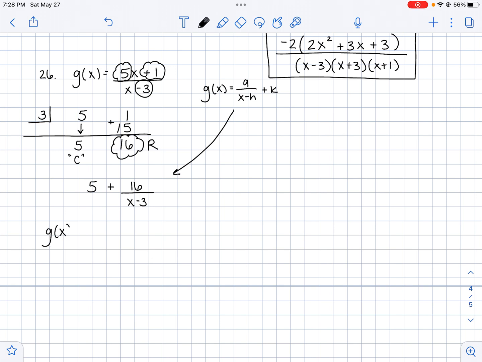I'm going to use this equation to put it in the correct form. So g of x is equal to 16 over x minus 3 plus 5. So if I were describing the transformation, the negative 3 means that you went to the right 3 and up 5.